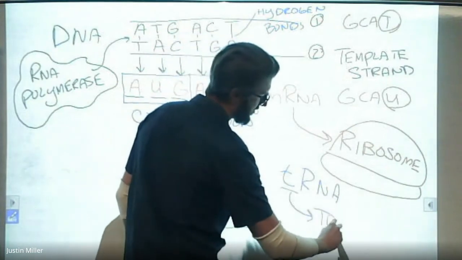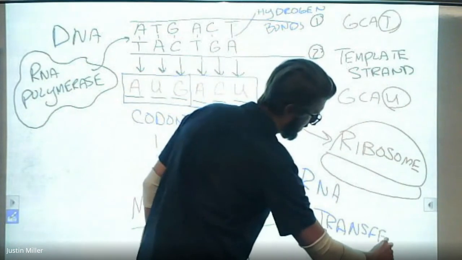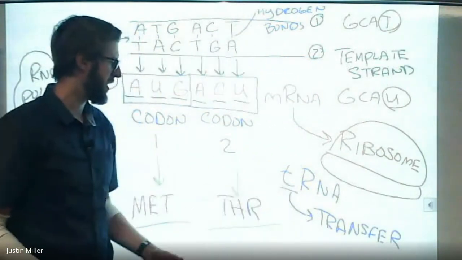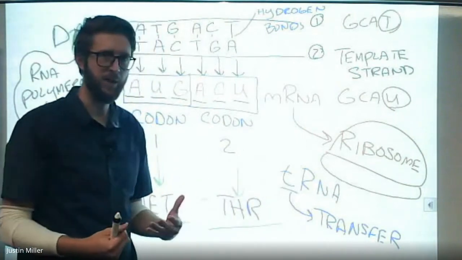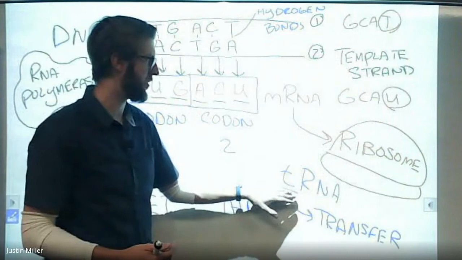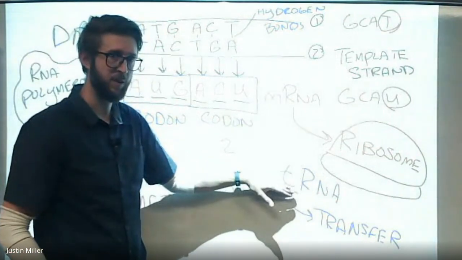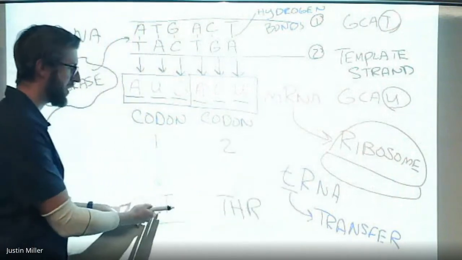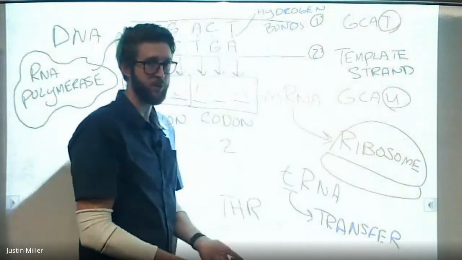The T stands for transfer. And what transfer RNA does is transfer RNA is the thing that actually delivers the amino acids. This is the delivery boy. This is the messenger boy. This is the delivery boy, okay? The delivery boy delivers the amino acids, these amino acids, to the ribosome where they get put together.